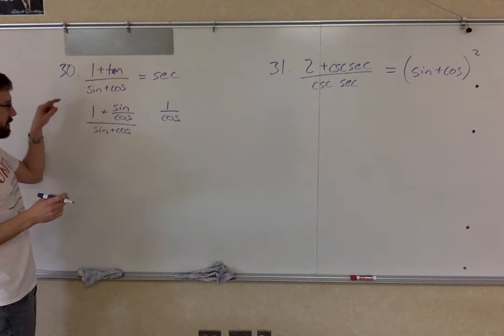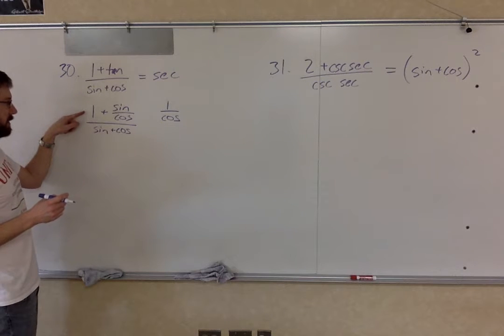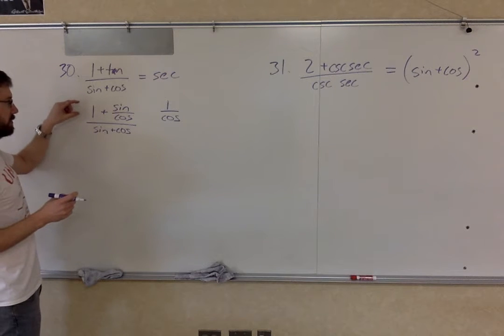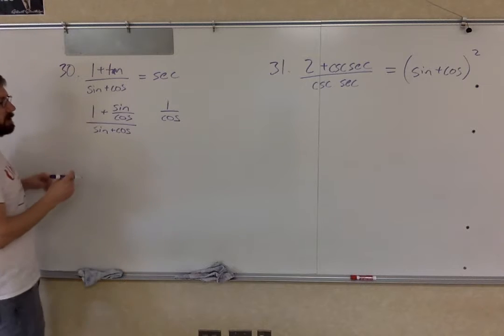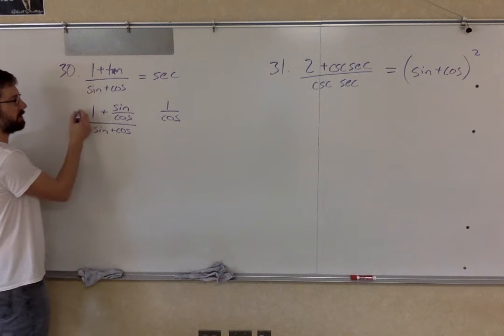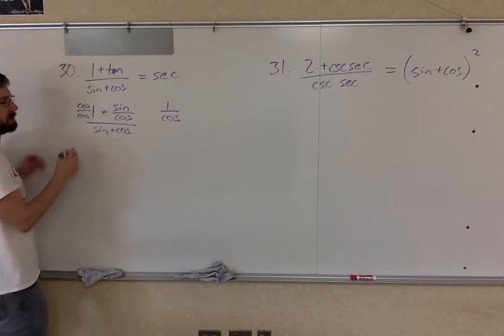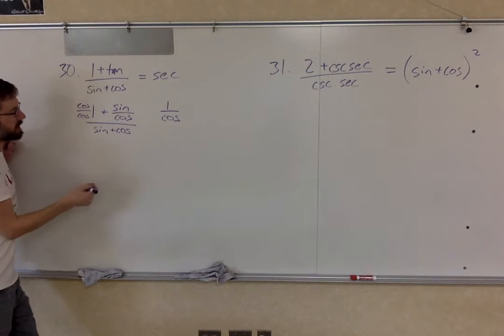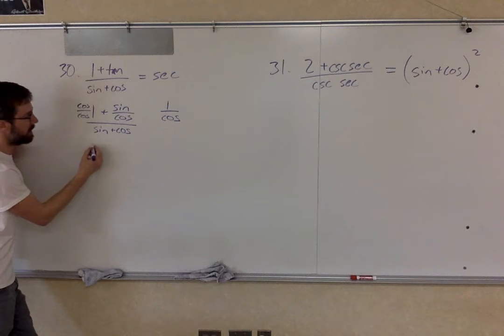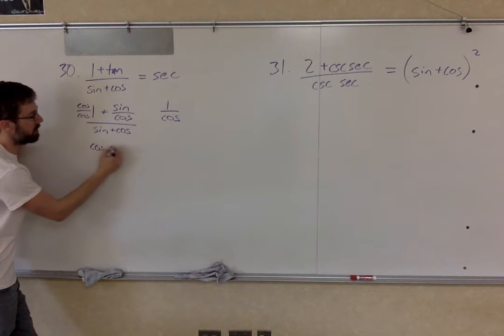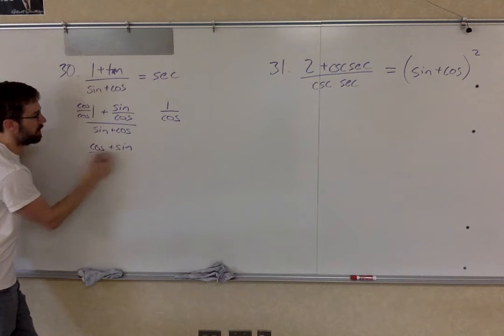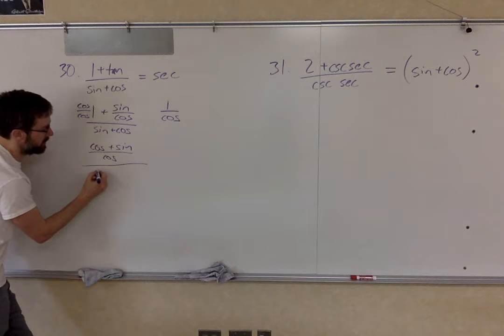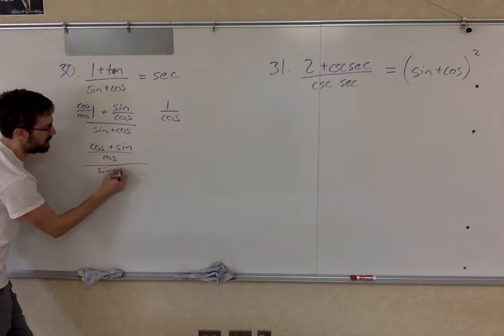Okay, this top one, I'm going to try to make it into one fraction on top so I can do keep change flip. So I'm going to multiply that 1 by cosine over cosine. Haven't changed the value of anything, totally fine. It's the same as multiplying by 1. So now we've got cosine plus sine all over cosine for the top fraction. And then the bottom is going to be sine plus cosine.